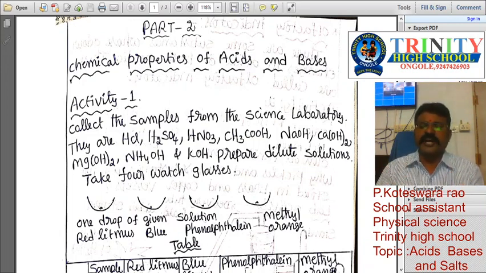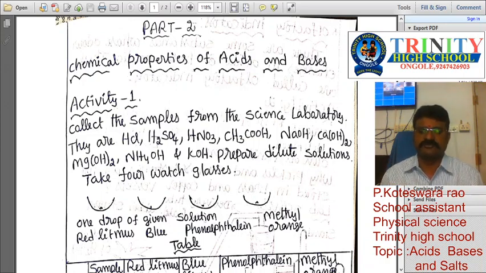Prepare their diluted solutions. What is a diluted solution? We already discussed this in our 9th standard. Diluting is nothing but adding more and more water to one drop of concentrated solution. In our laboratory, we can see two types of bottles.